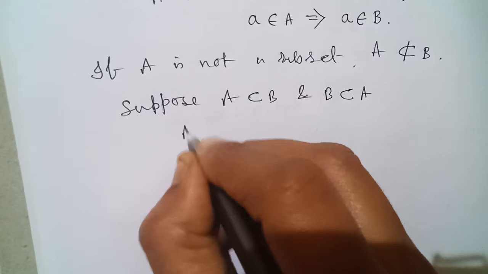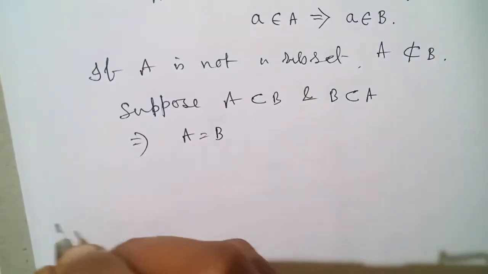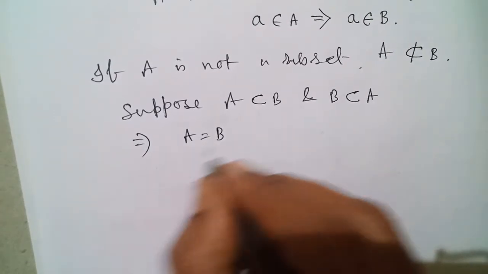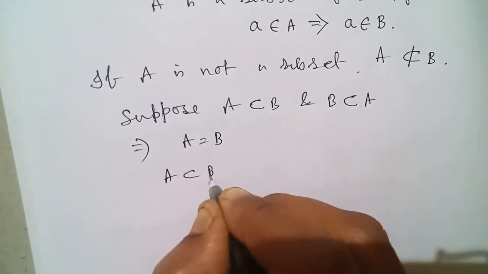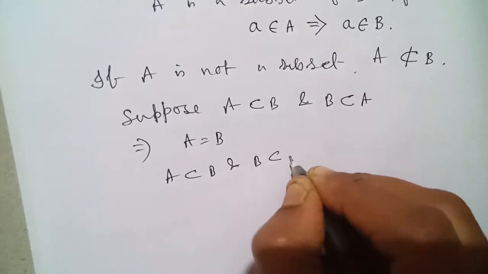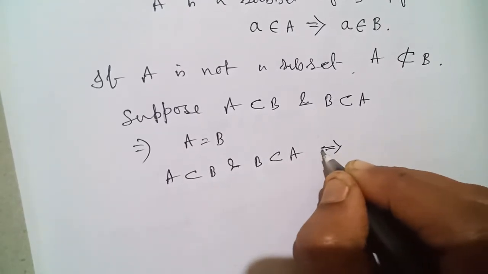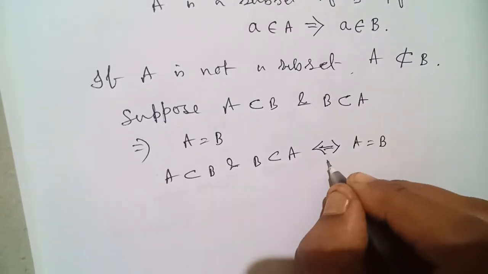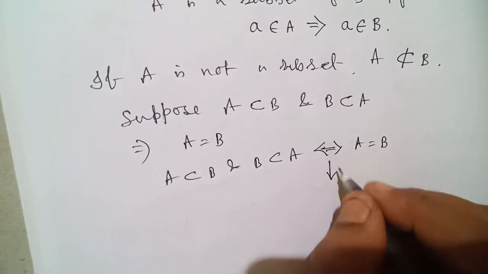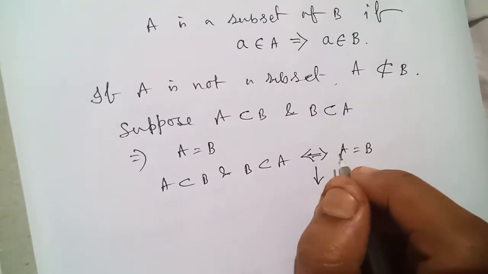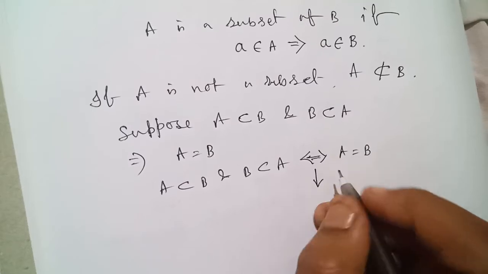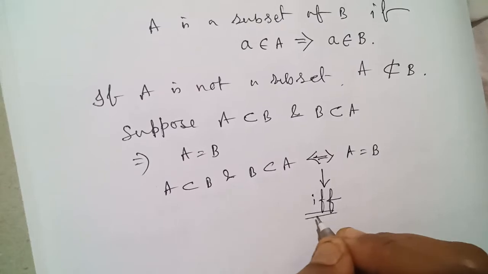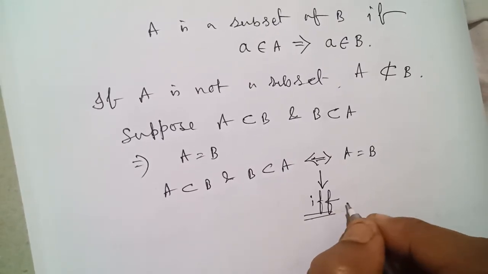That means A equals B. So we can write it as A subset B and B subset of A implies that and implied by A equals B. This implies that and implied by can be written as if and only if.